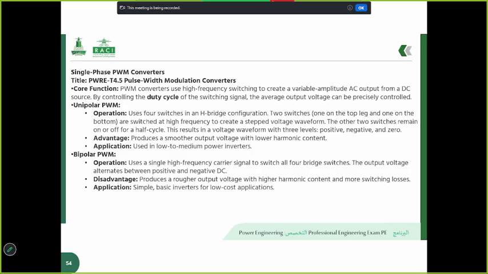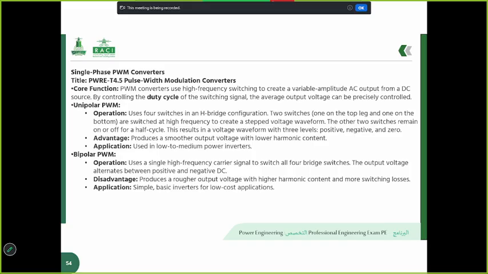So, pulse width modulation or PWM converters use high frequency switching to transform a constant DC voltage into a variable amplitude AC output. This is achieved by precisely controlling the duty cycle, the ratio of the on time of the switch to the total switching period, as I told you before.